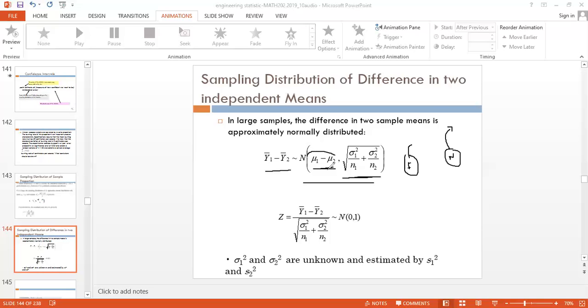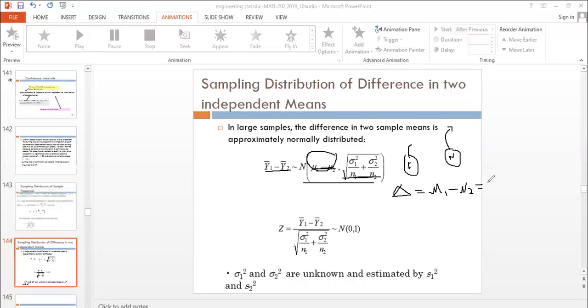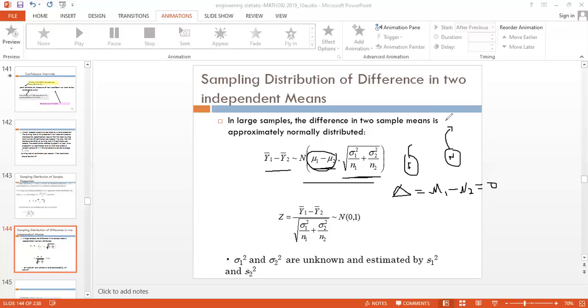So this difference, which usually we refer to as the difference, some use d, some use delta, which is mu1 minus mu2, is usually equal to 0 unless clearly specified in the example that there is some difference which you have to test for.